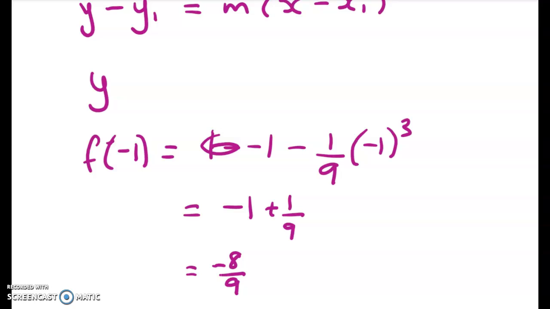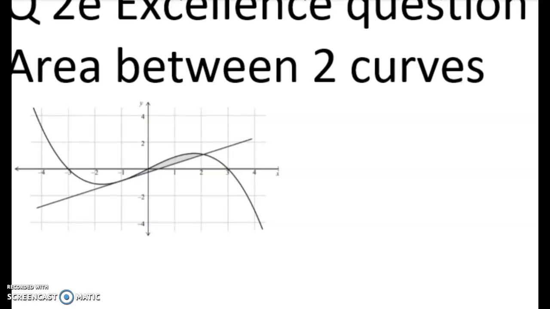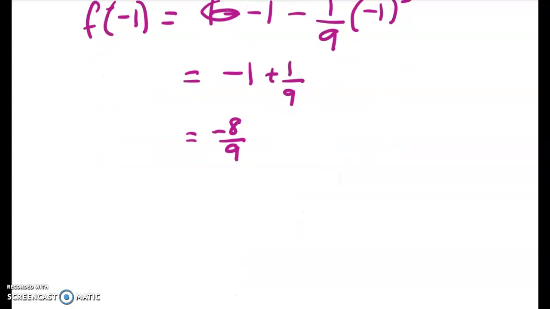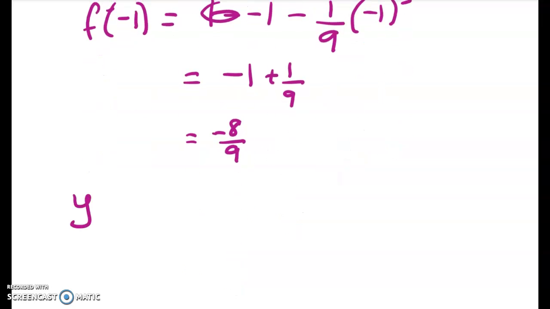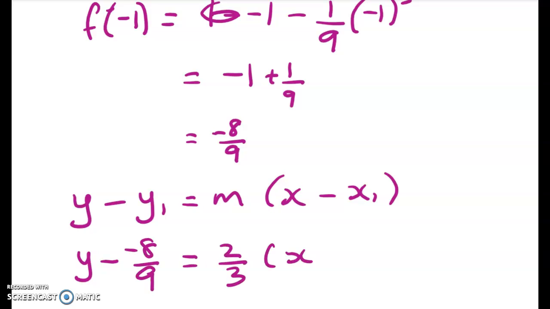So let's just go back to the picture and see if that makes sense. And it does, because you can see that this line looks like it's got a slope of about 2/3. And this point here looks like the y value is a little bit above -1. So that's all looking quite good. So finally, y minus y1 is equal to m times x minus x1 will give me my tangent line. So y minus -8/9 is equal to 2/3 of x minus -1.